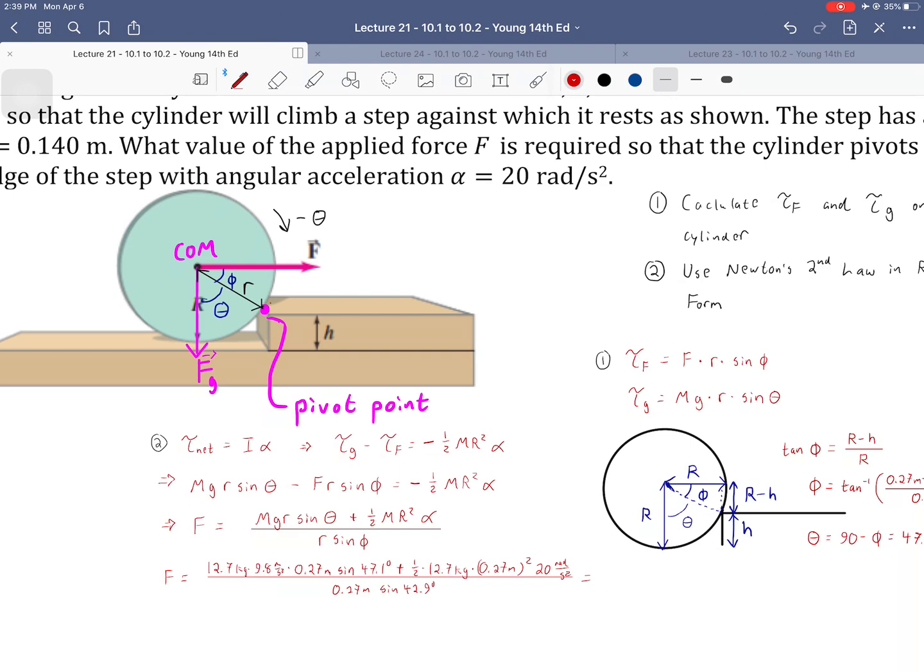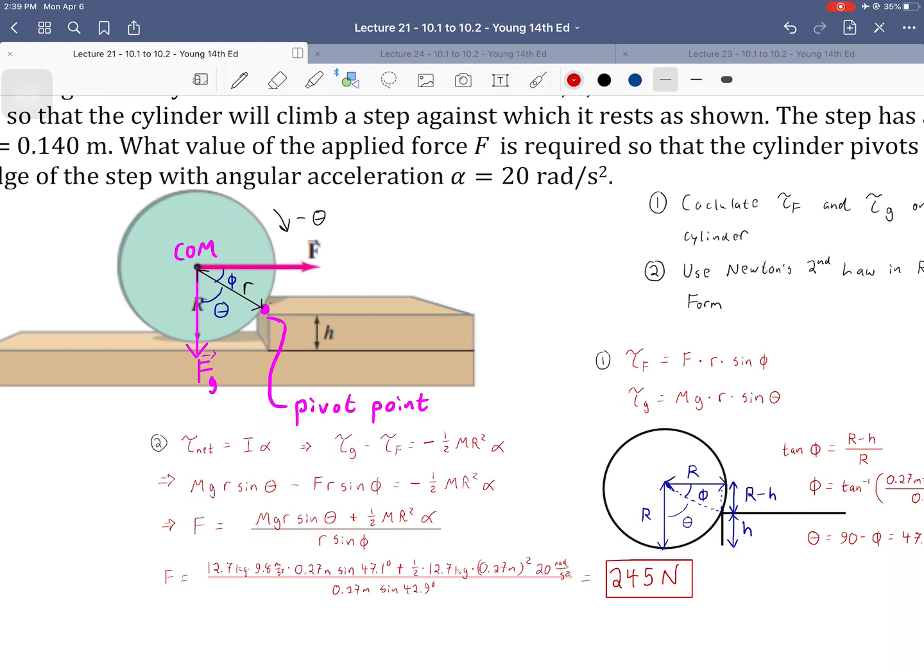Of course, I'm rounding there because I know there's more significant figures after the 1. And then 0.5 times 12.7, all right, and then times 20. And I'll just divide by 0.27 times sine of 42.9. Okay, so it should be 245 newtons. Good.